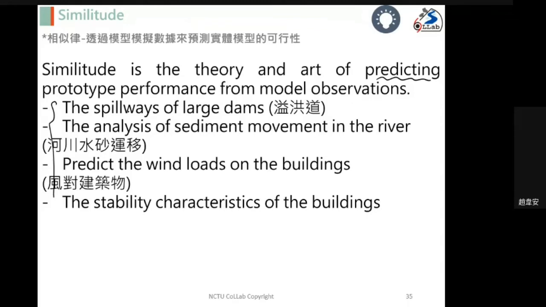These are 4 topics related to hydraulic problems, but usually we cannot directly observe them in the field, and it is also very difficult to understand fully based on a field survey. So we need to conduct model testing to predict the physical behavior of the prototype phenomena.